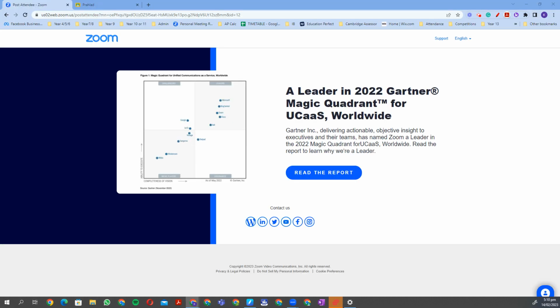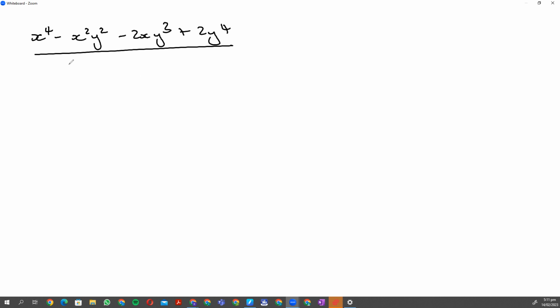So let's go through a slightly more difficult one now. Or maybe it looks difficult. Suppose I've got x to the power of 4 minus x squared y squared minus 2xy cubed plus 2y to the power of 4, and I want to divide this by x squared minus 2xy plus y squared.